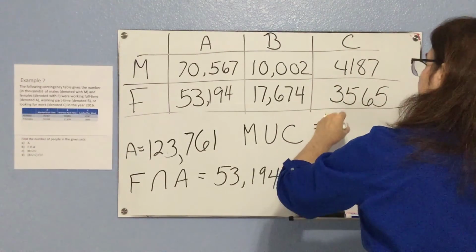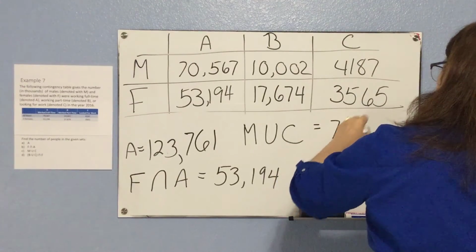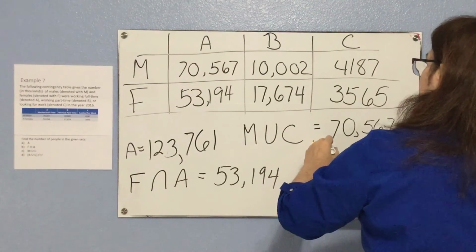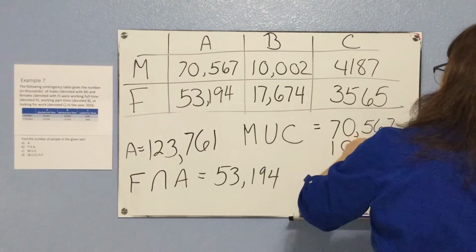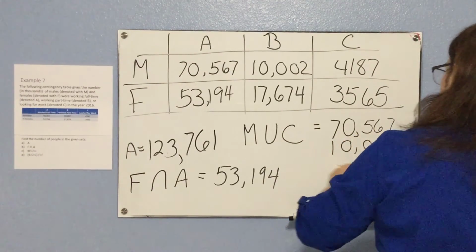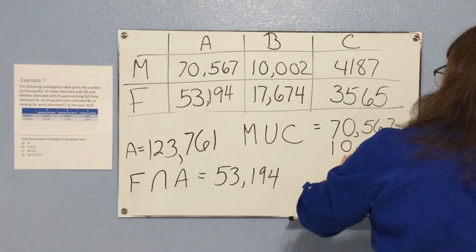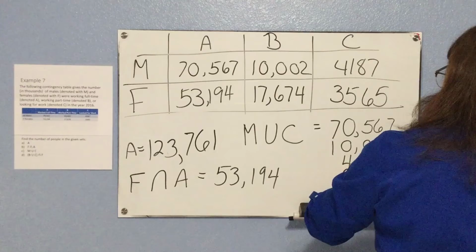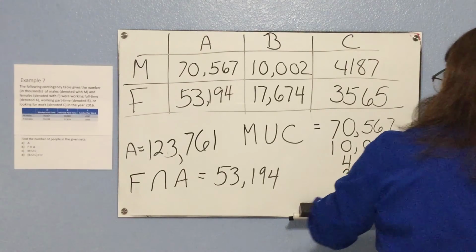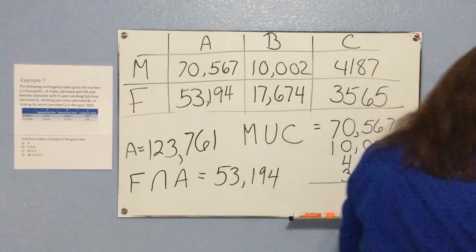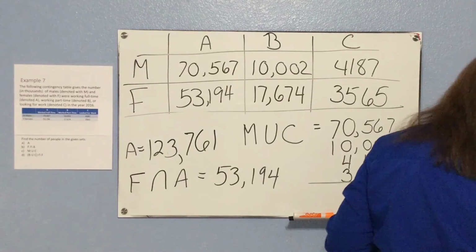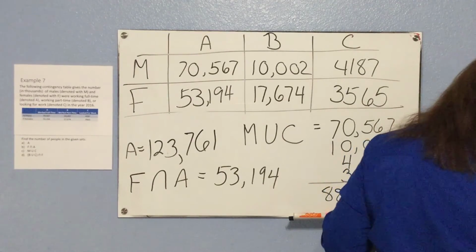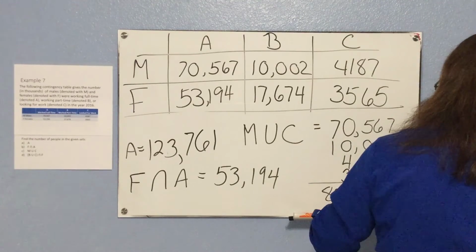So it's going to be 7,567 plus 10,002 plus 41,87 and 35,65. So altogether, I get 88,321.